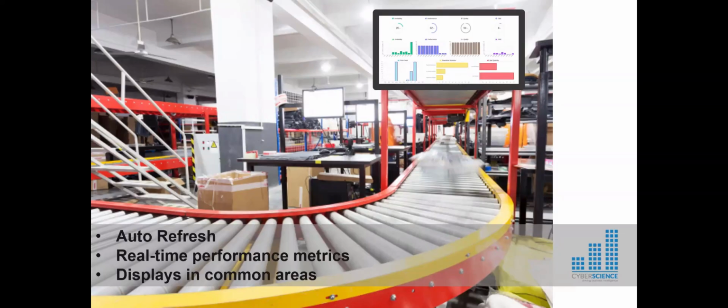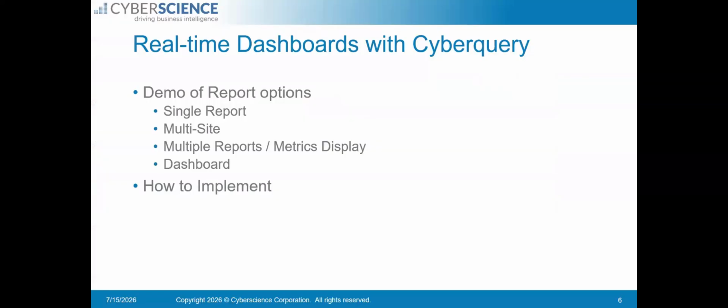So really anything with a browser. All new smart TVs have a browser, so you'll be able to use those with your Cyberquery real-time dashboards. With that introduction, I'm going to turn the time over to Doug and let Doug take it from here.